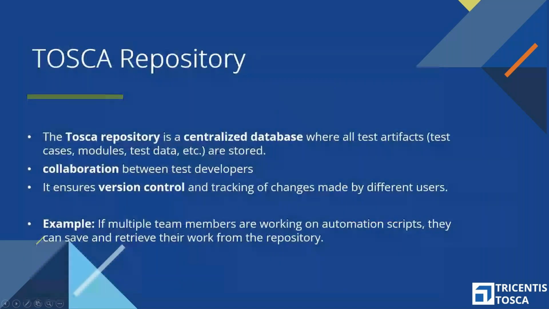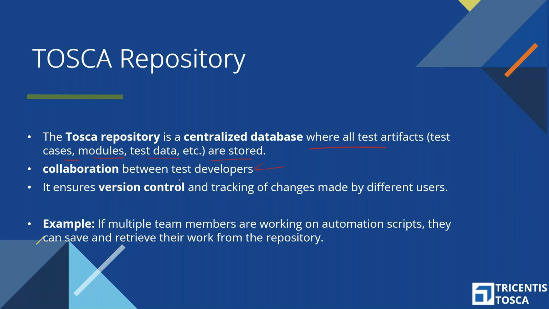So yeah, the Tosca repository is nothing but a centralized database. As I said, it is a kind of brain where all the artifacts, whether test cases, modules, or test data, are stored, and it enables collaboration between test developers.